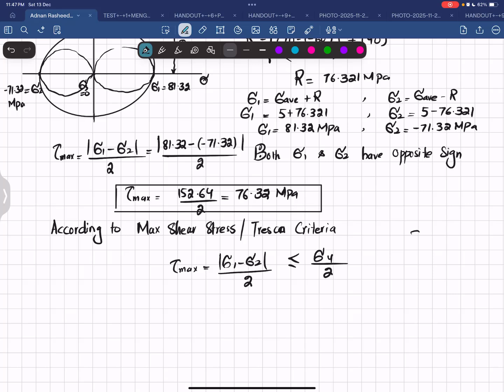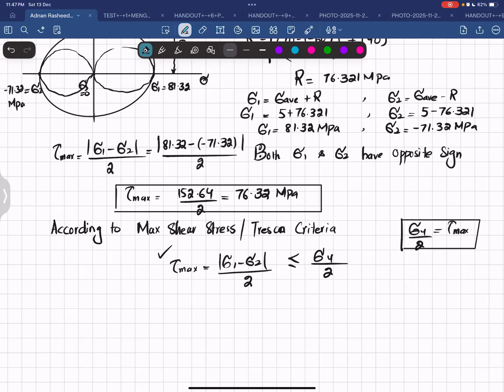And why? Because sigma yield divided by 2 is equal to the maximum shear stress in a uniaxial tension test. So our shear stress should be less than sigma yield divided by 2.